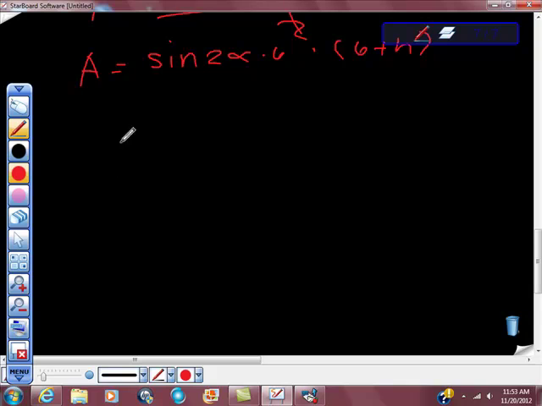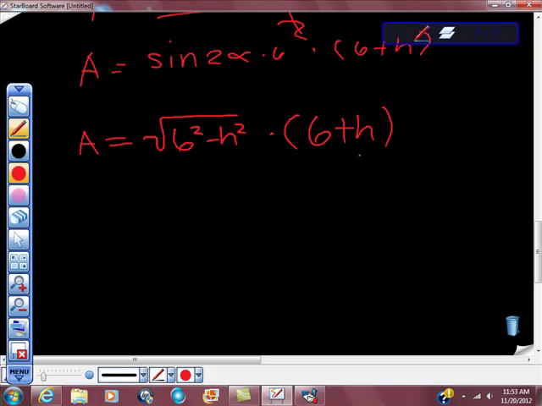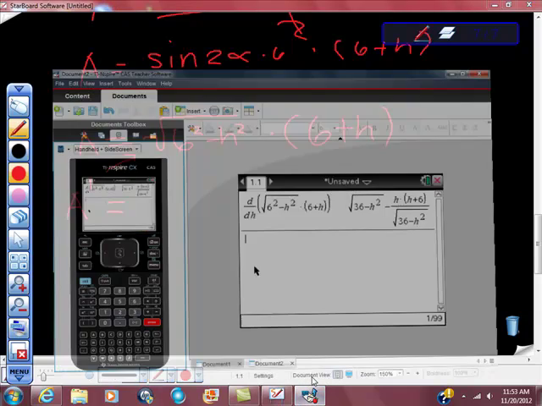Since our area from letter A is equal to the square root of 6 squared minus 8 squared times this 6 plus h, we're going to have to find the derivative of that. So A prime is equal to... I suggest you guys need to use a calculator.